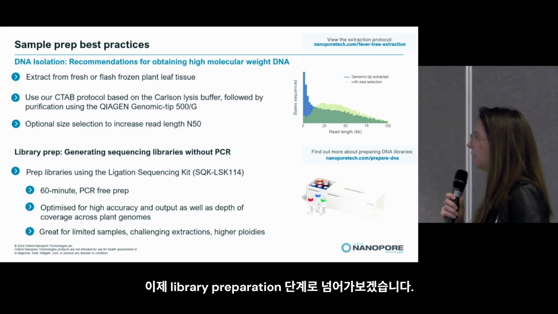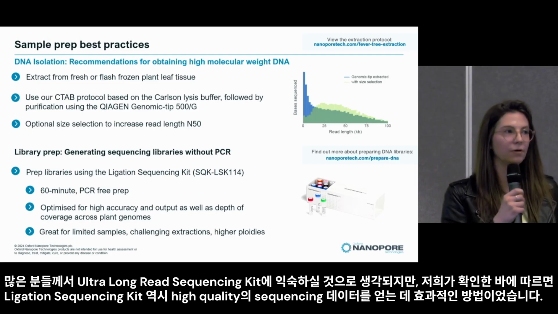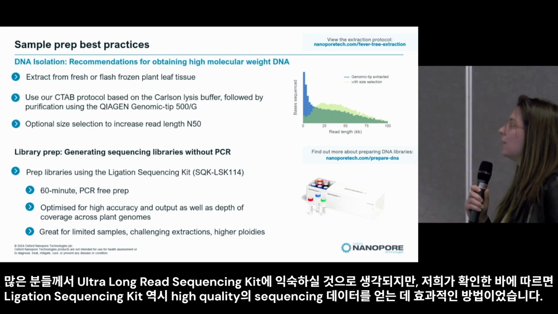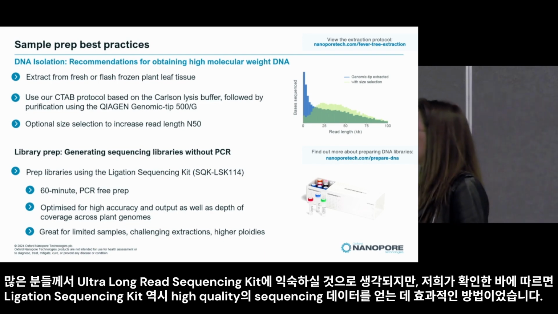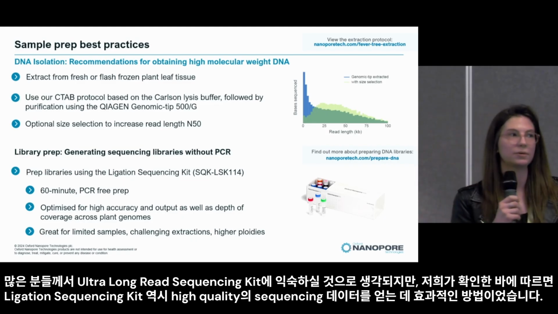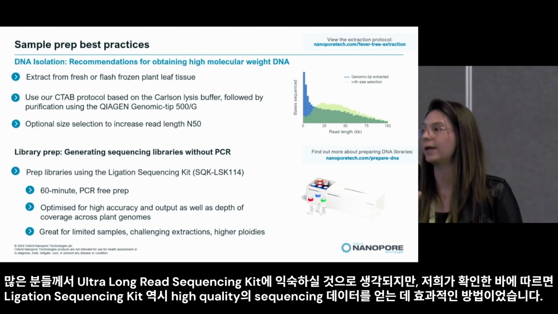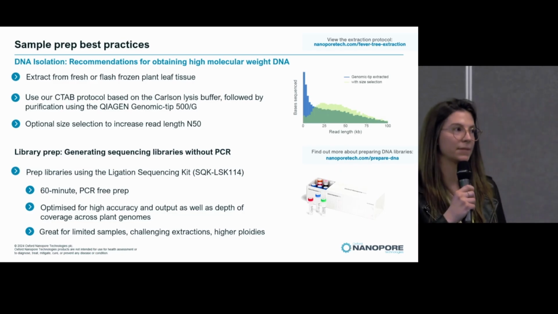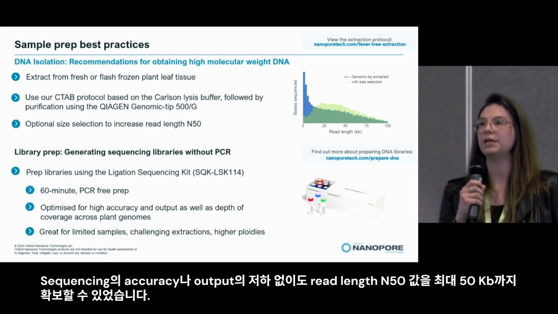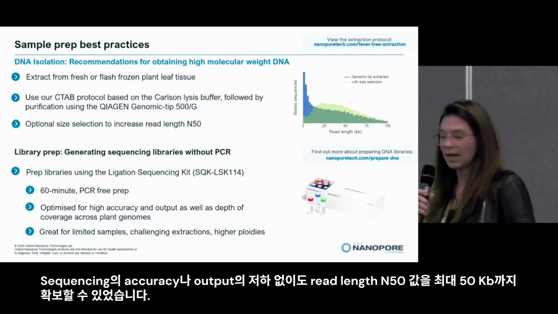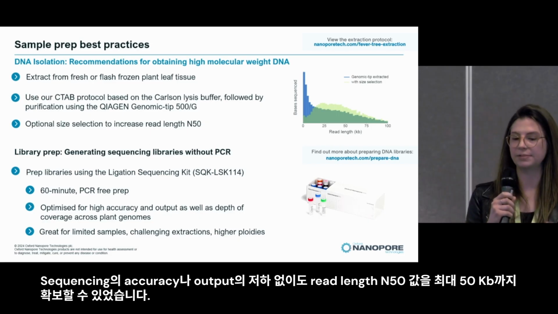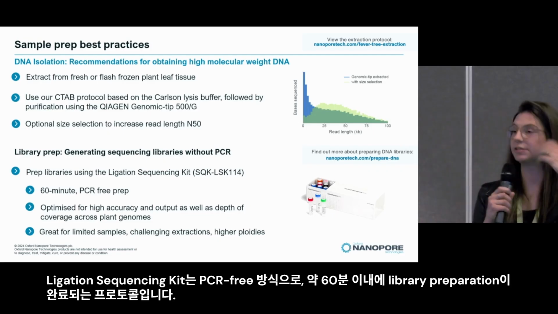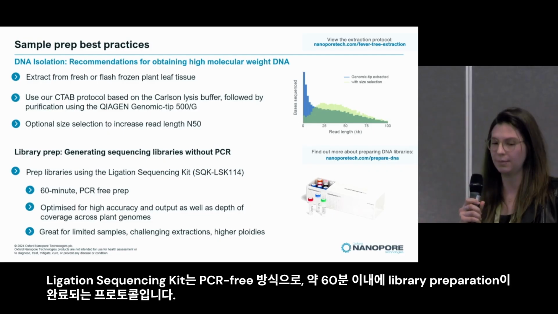So moving forward into library prep, I know many people are familiar with our ultra-long sequencing kit, but as Kevin mentioned, and also Sean, what we are finding is that our ligation sequencing kit is really quite useful at getting high quality sequencing data. Nice read N50s, up to 50 kb, and really not sacrificing accuracy or output using this particular method. So this is a 60-minute PCR-free library prep.